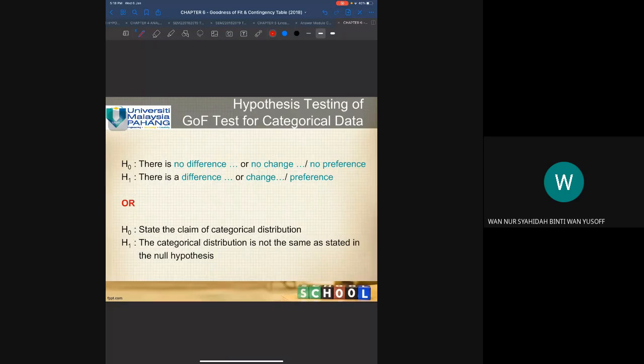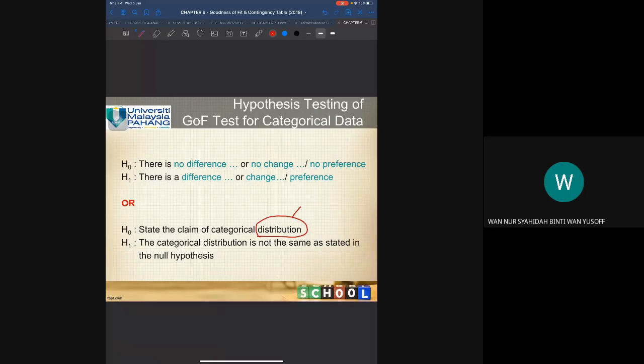This is the hypothesis for the goodness of fit for the categorical data. H0 will always be that there is no difference, no change, no preference in your data, or there is a difference, H1 is the opposite of that. There is a difference, change or preference in your data, or you can state the claim of the categorical distribution.